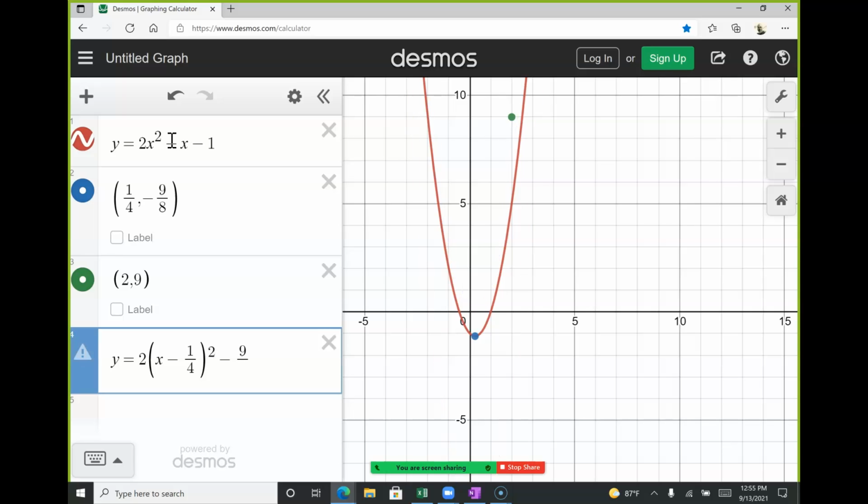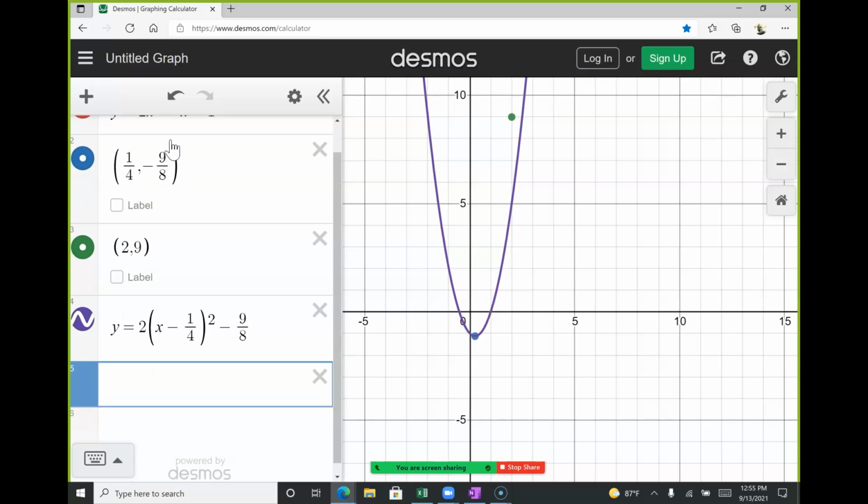You can see here, right now my curve is in red. When I plot this new one, it's in purple, and it covered it perfectly. So I know I've got the same curve, right? Domain is pretty obvious. Range is pretty obvious once you have this vertex form. Good.